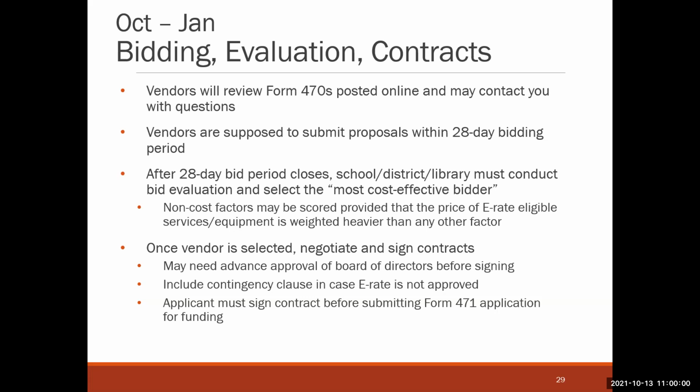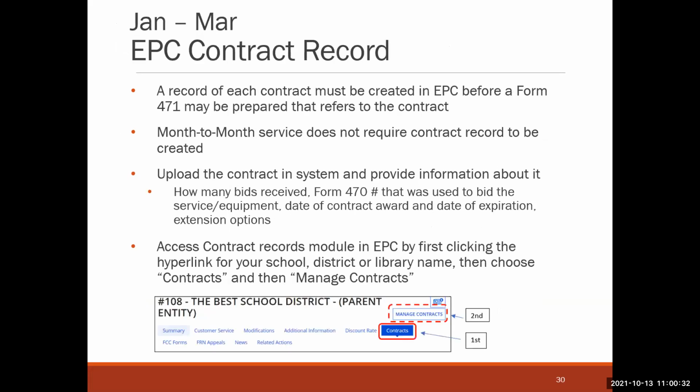And remember that you still have to sign that contract before you can file and certify your 471, which is why that contingency clause is so important, because they're requiring you to have a signed contract before you file, but they won't tell you whether you've got approval until you file. So the contingency clause is your bridge there that allows you to sign the contract, but not be concerned about having that obligation if E-rate doesn't get approved.